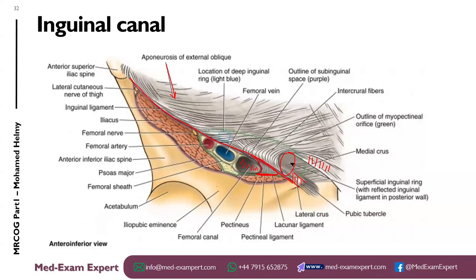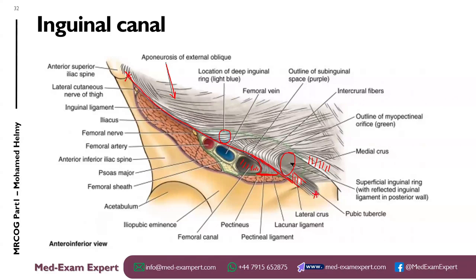Okay. These are some important landmarks we have to keep in mind. This is the opening. Of course, the opening is not obvious superficially. It's a deep opening, but I'm marking the location of the deep inguinal ring, which is, as I told you, midway between the anterior superior iliac spine here and the symphysis pubis.